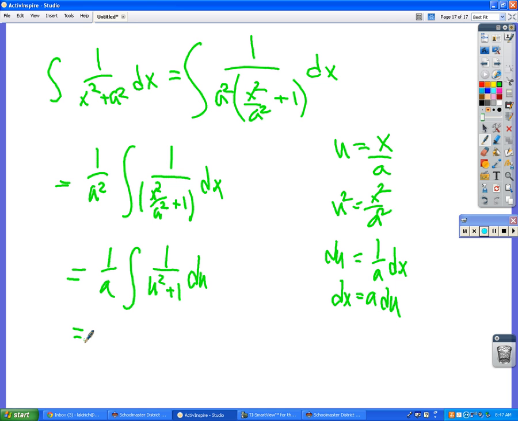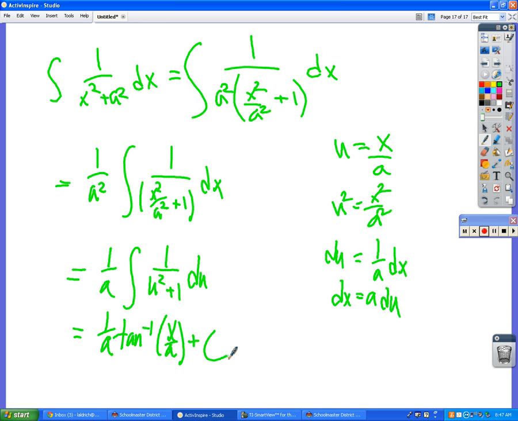And now we have it in an easy form. What's the antiderivative of 1 over x squared plus 1? Arctangent. So my answer here is going to be 1 over a times the arctangent of u, but u was x over a, plus c.